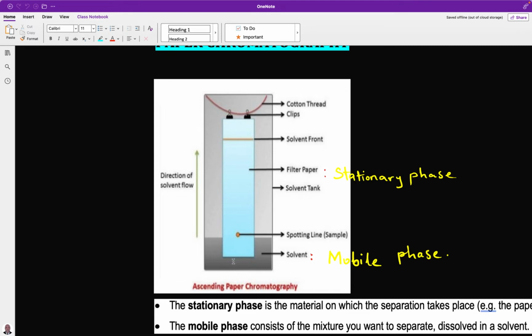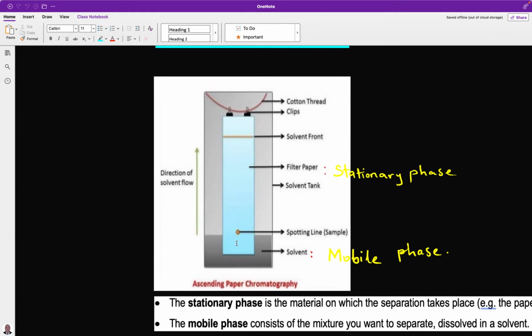We have the stationary phase, which is the paper, and we have the mobile phase, which constitutes the solvent and the mixture that has been dissolved in it. We call it the mobile phase because the solvent and the dyes or the components in it will move or travel up the paper.